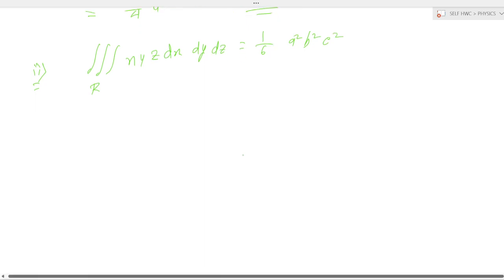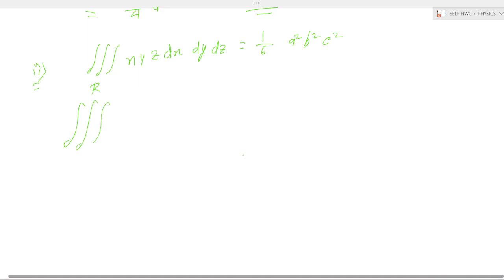So this given question, the triple integration of xyz dx dy dz is equal to 1 by 6 a square b square c square.